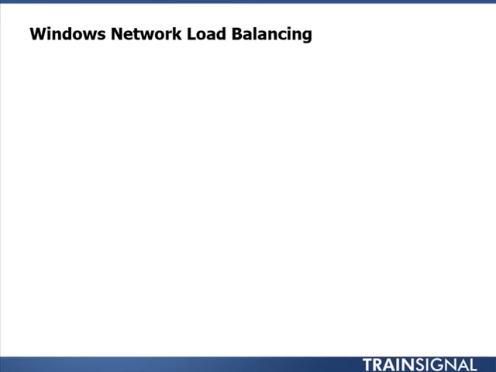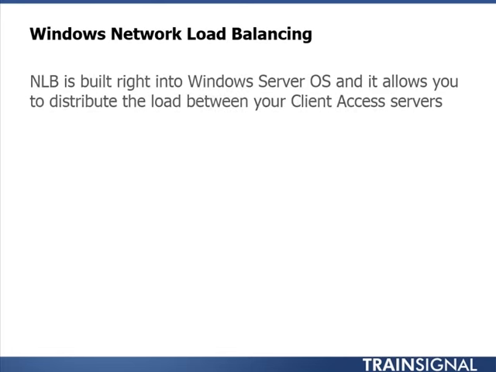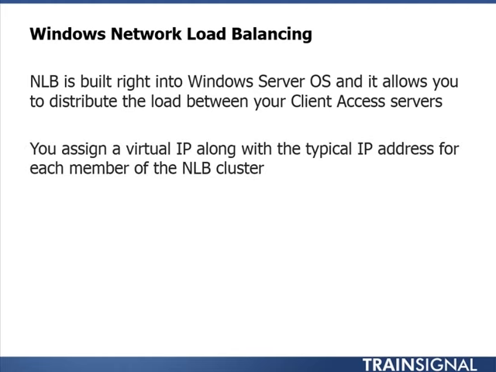As far as Windows Network Load Balancing, NLB is built right into the Windows Server operating system, and it allows you to distribute the load between your client access servers. Basically, you assign a virtual IP along with the typical IP address for each member of the NLB cluster.